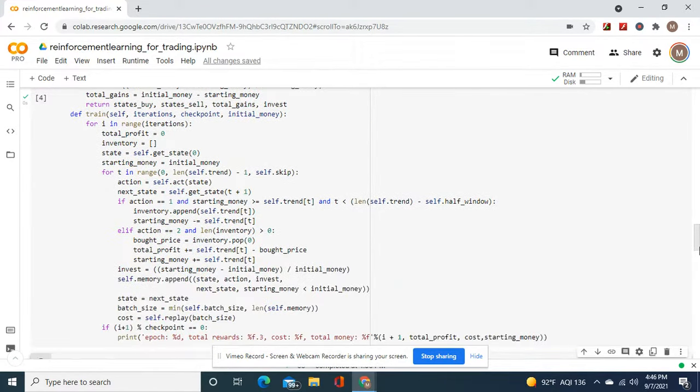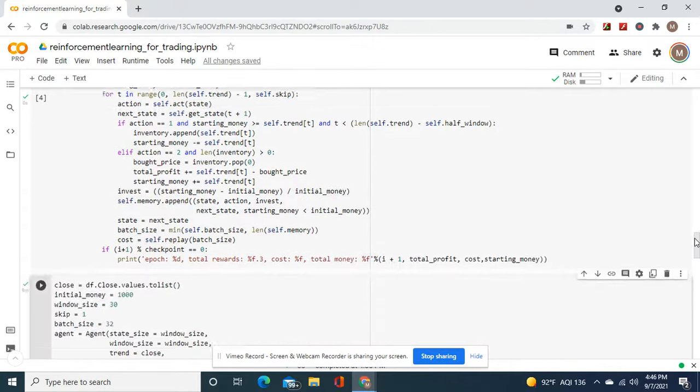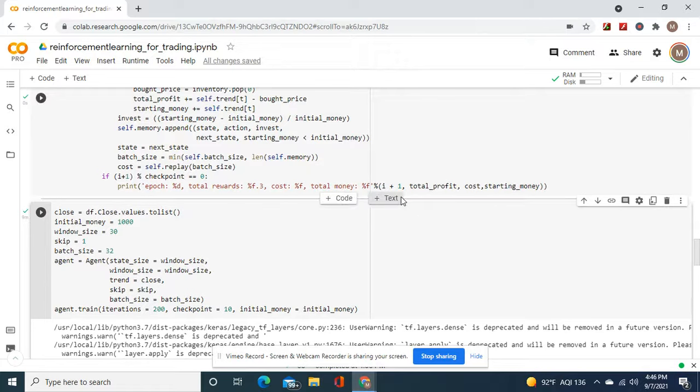And then now, for the training, we're going to do the same thing again. -1 and 1. Sometimes it's better safe than sorry. Okay, guys? Okay, now it's going to print out during it the total profit, the cost, and the starting money.